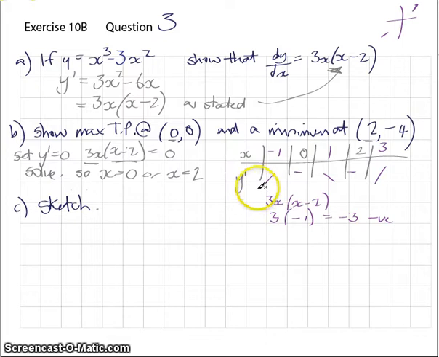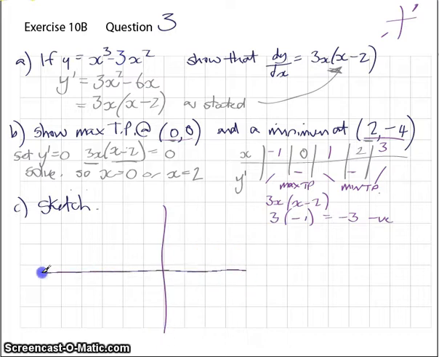So you can see here that I'm going up, flat spot, down, which makes this one a maximum turning point. This one's coming down, flat spot, up, which makes this one a minimum turning point, and that's what was asked right at the very beginning. The next thing says then to sketch that using all this information that we've now got.